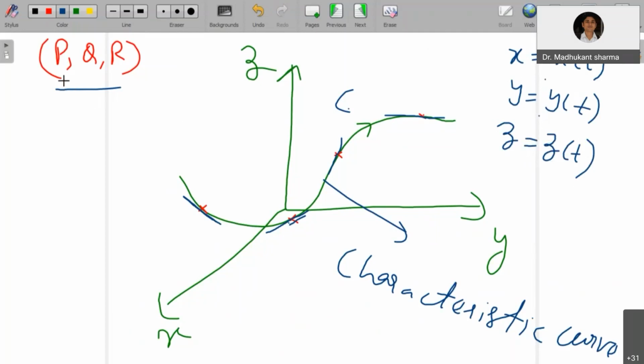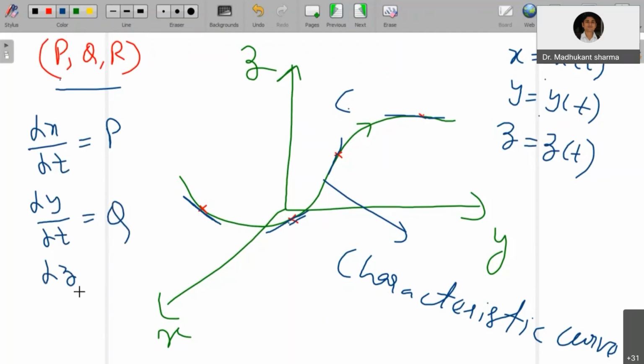But they are going to be matched along this characteristic direction field. So that will lead to the following ordinary differential equations: dx by dt equals p, dy by dt equals q, dz by dt equals r. They should match with this. So you will get a system of ODEs here, ordinary differential equations.